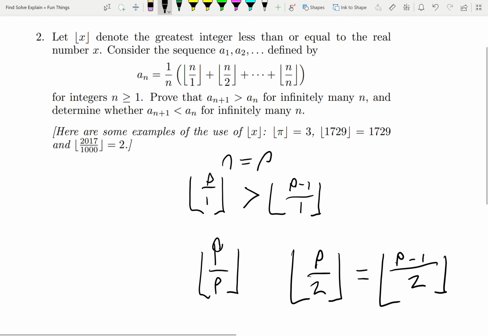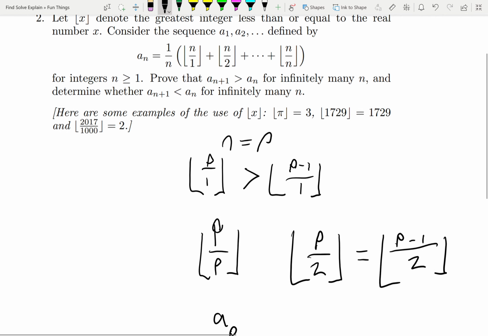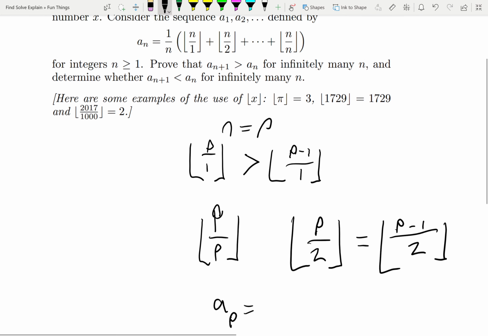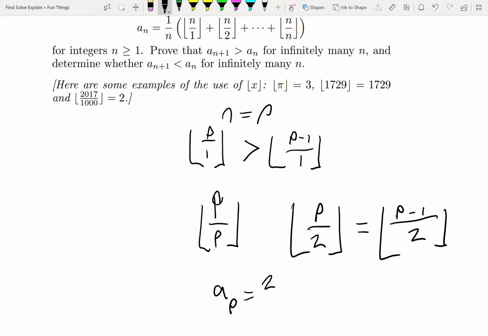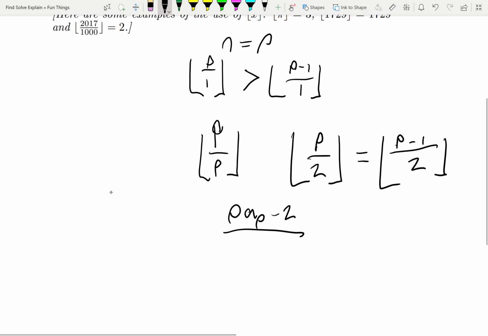So, now that we've covered that, we know that a_p is equal to... So what this shows us is that p times a_p minus 2 over p minus 1 is equal to a_{p-1}.